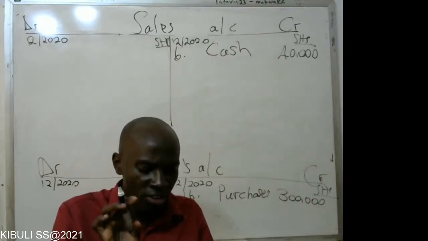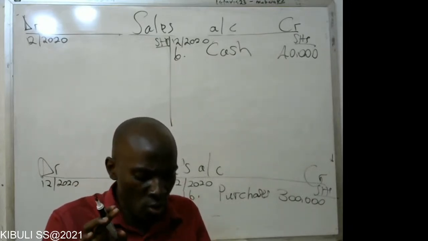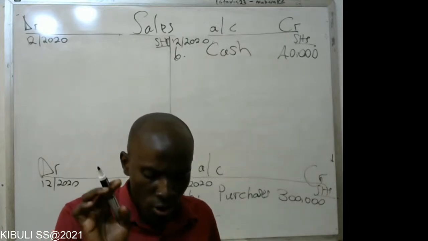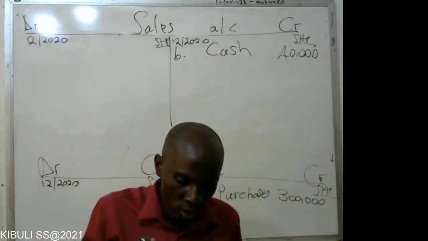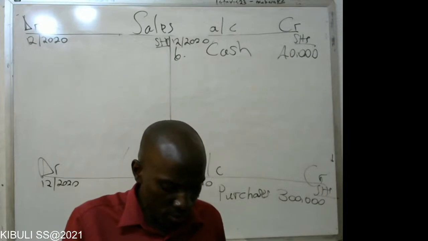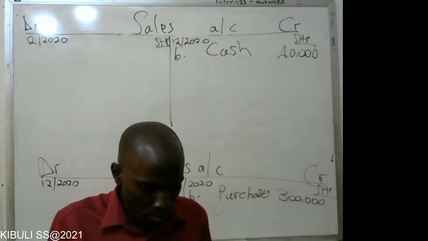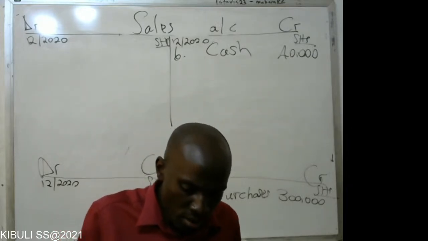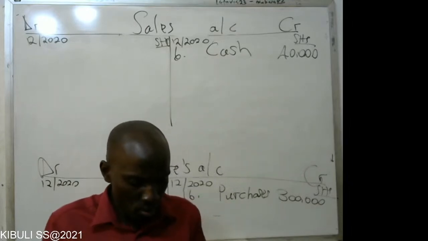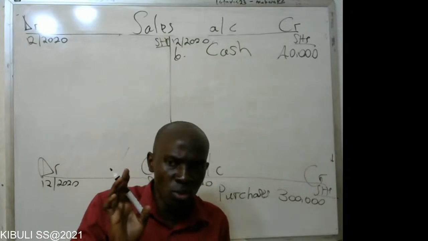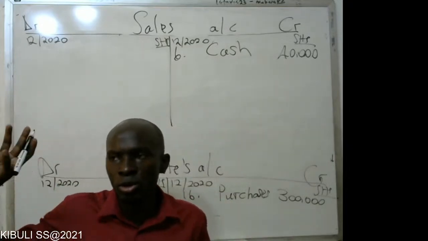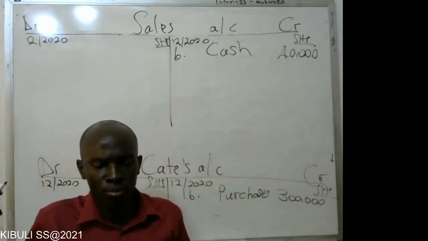Another account that affects sales is there on 12th. Cash sales paid direct into the bank on 12th. So how do we record that one? Remember, in our cash book, cash sales paid direct into the bank, we recorded on the debit side in the bank column.